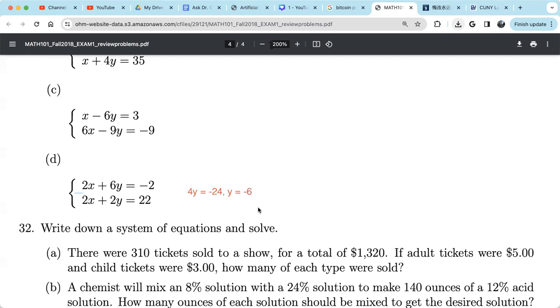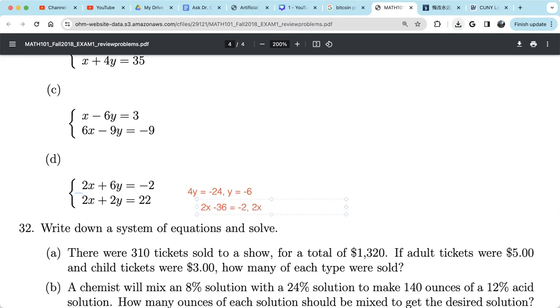Once you have y, we can just substitute it to get the x value. So we substitute into the first one, 2x plus -6 times 6, -36. Minus 36 equals -2, right?